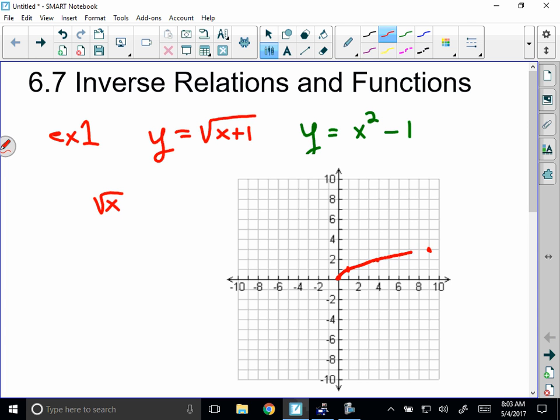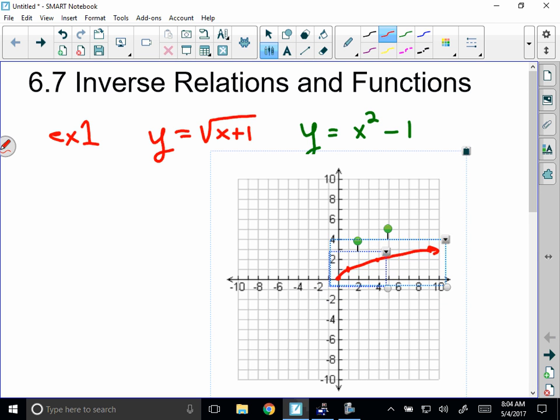But I'm not graphing just the square root function. What's that plus 1 do to it? Moves it to the left. We brought our A game today. Awesome. You guys are great. Thank you for making my day better so far.